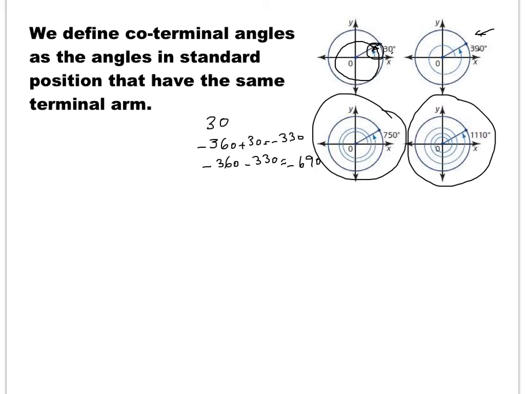In general, if you have an angle theta, you can go plus or minus 360 times n, where n can be equal to 1, 2, 3, and so forth. The plus is when you go counterclockwise, and minus is when you go in the clockwise direction. These angles are called coterminal when they have the same terminal arm.